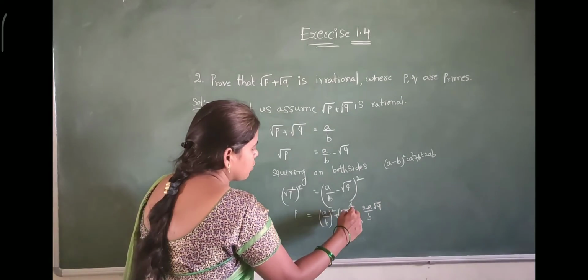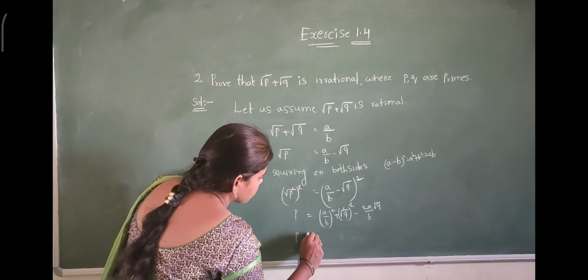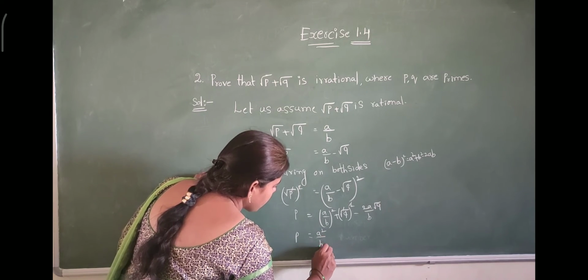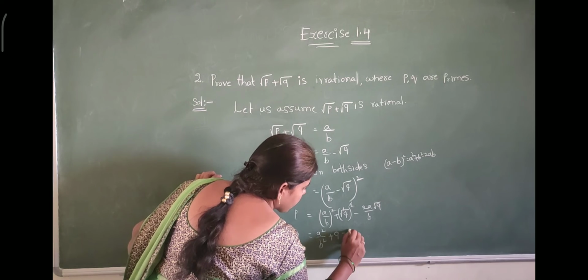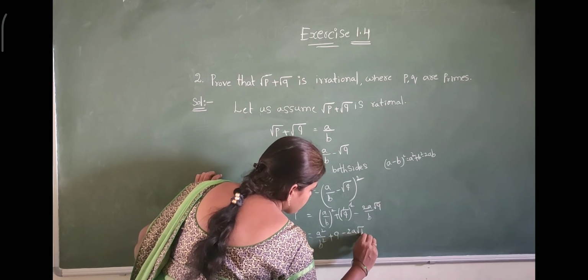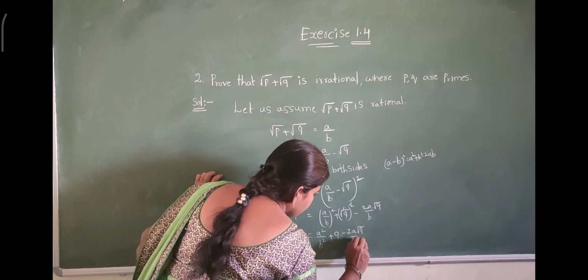The square root cancels. P is equal to a square by b square plus q minus 2a root q by b.